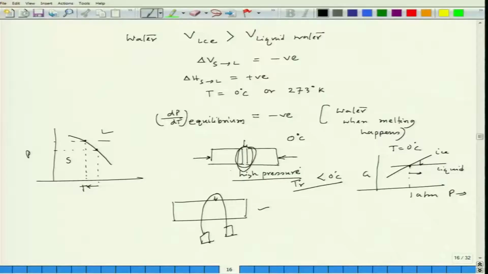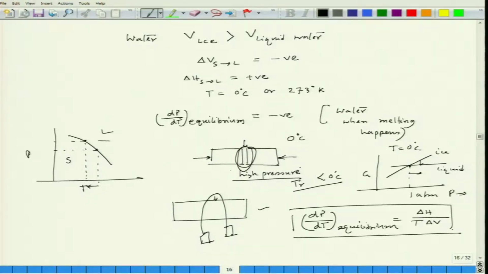In order to know that, the concept of this particular equation needs to be known, and this equation in case of solid liquid transformation, we call the Clapeyron equation.